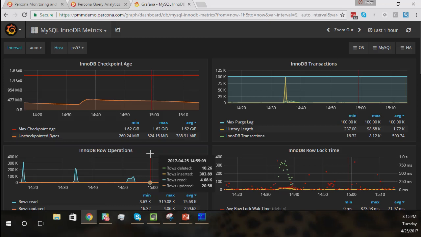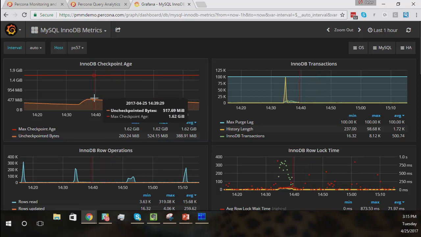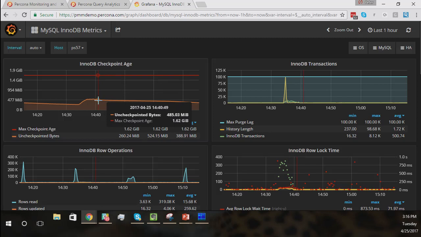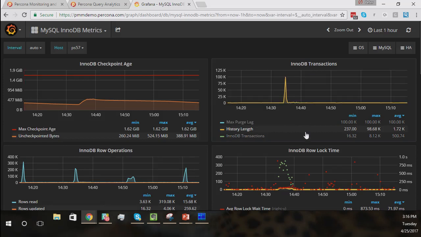It's a very nice way to check if your InnoDB log file size is adequate. You can see in this case it's going back and forth, but for this workload, I don't need much larger log files. If I did, I would see my max checkpoint age getting much closer to the InnoDB checkpoint age. We can look at the history length.